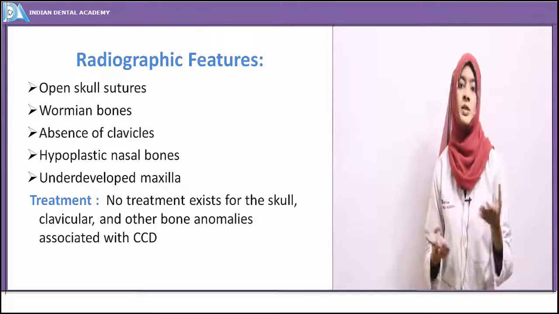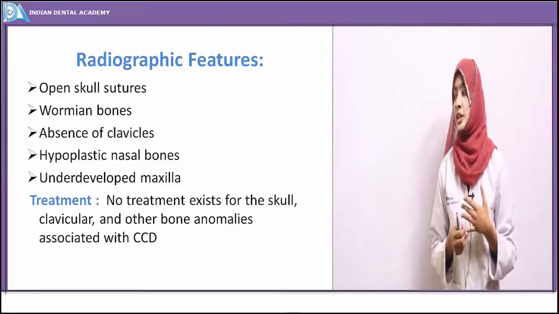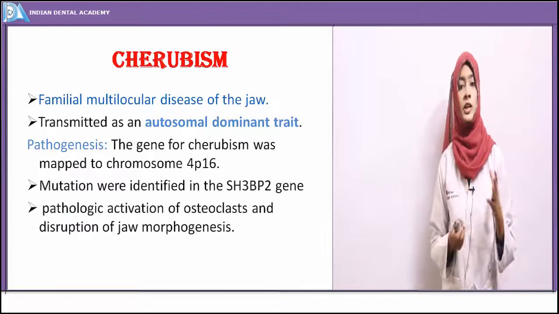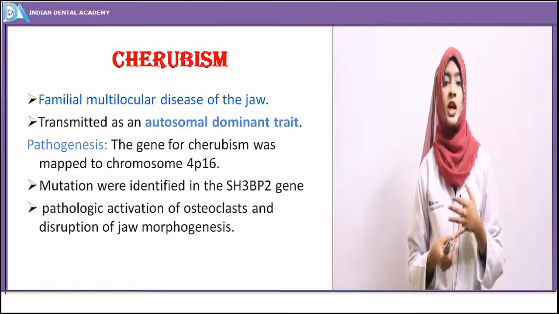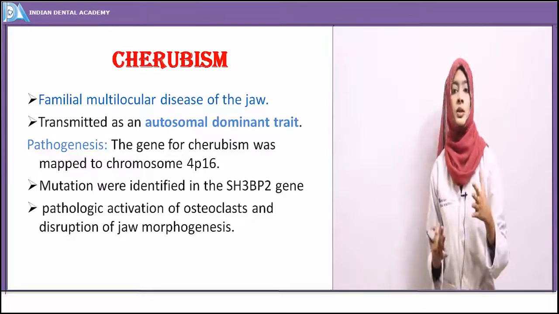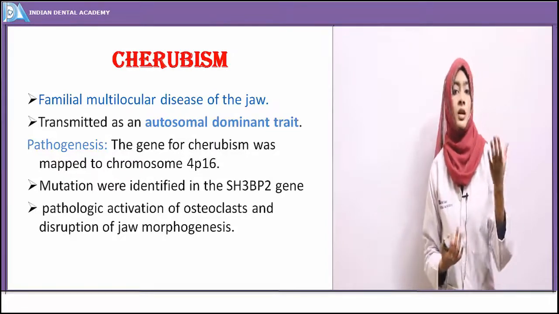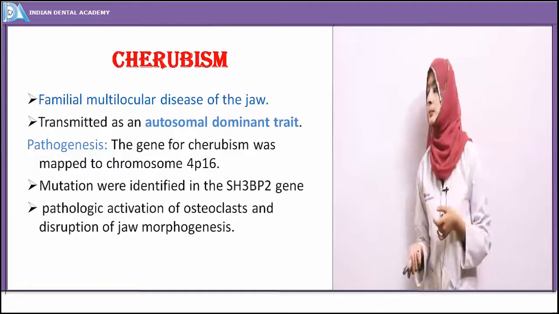If cleft palate is present, you have to correct it surgically. So that's about cleidocranial dysplasia. Previously it was thought that cleidocranial dysplasia affects only the clavicle, but now it has been shown that it affects the whole of the skeleton, with its effects on the skull, jaws, and even the clavicle.